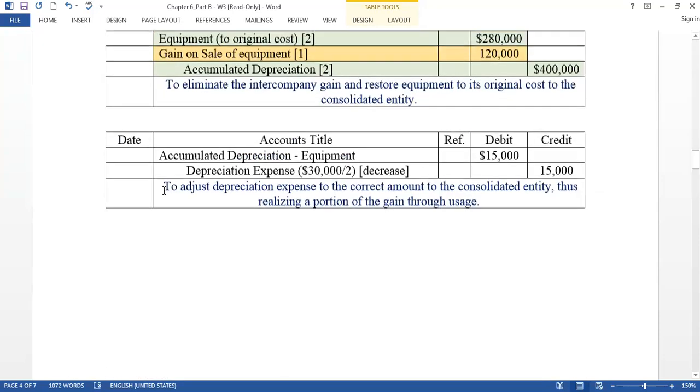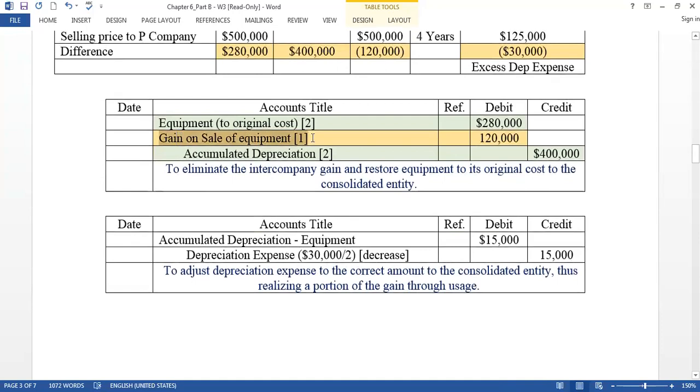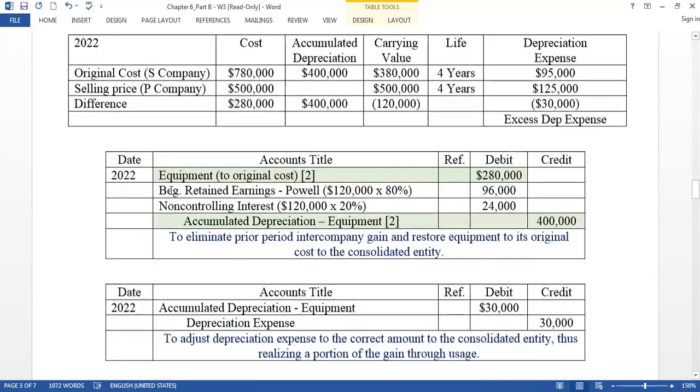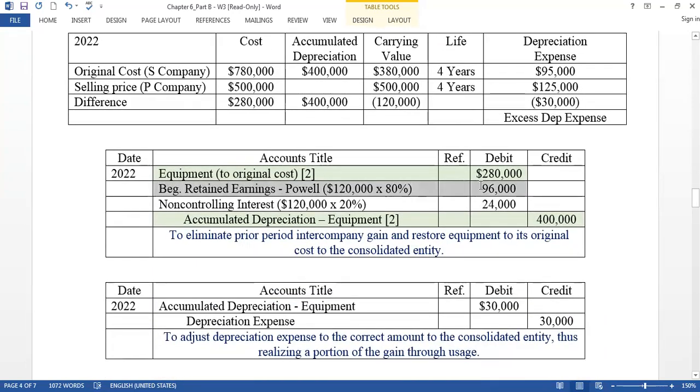And previously we eliminated the gain or loss, and we know this gain or loss goes to the retained earnings, right? So we eliminate retained earnings. And 2021 ending retained earnings is the 2022 beginning retained earnings. Clear? So we have to eliminate from two sides, from the subsidiary account and from the consolidated financial statement. And this is number one actually. We eliminate intercompany gain.